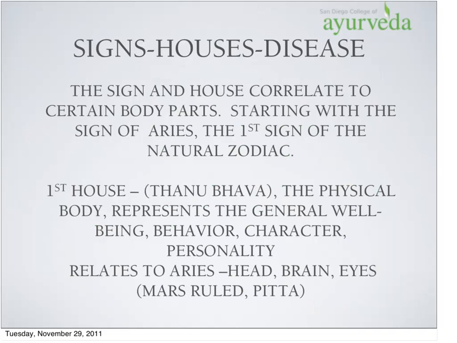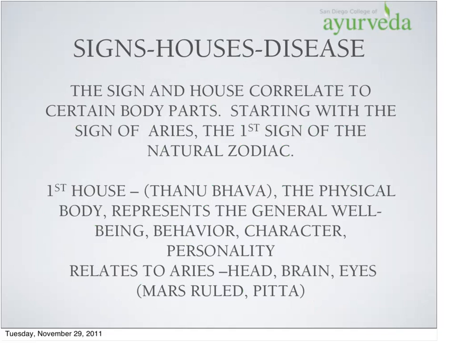The signs and the houses correlate to certain body parts. The first house is also called Tanubhava. It's the physical body. The first house will always represent the person and their characteristics. A lot of their personality will be part of the first house.